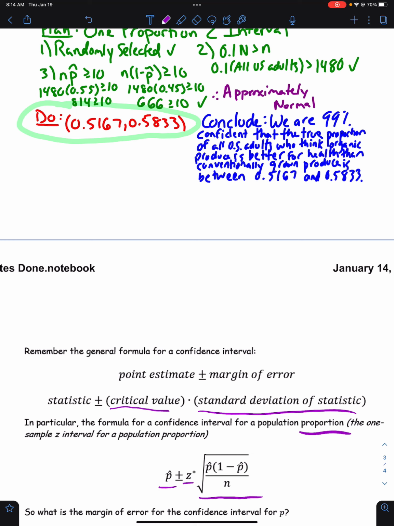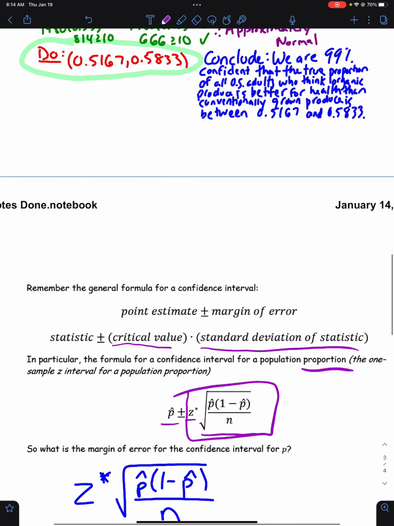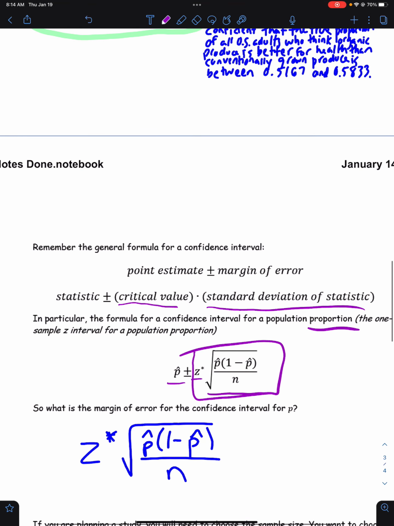So what is the margin of error for the confidence interval? Well, it's just the part that you're plus or minusing. If we want to limit the margin of error, like maybe to 0.02, or limit how wide our confidence interval is, what is the only thing we can change?